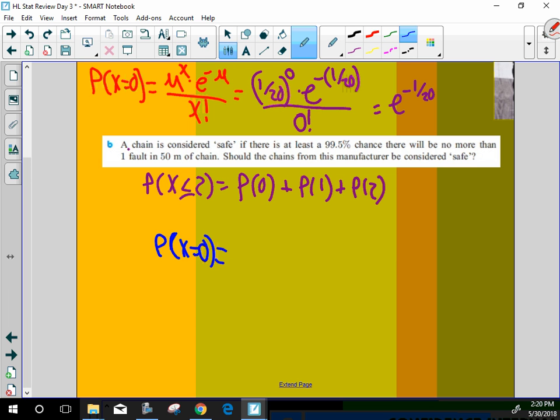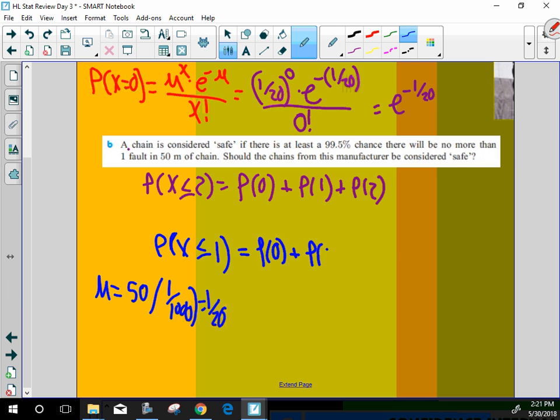So wait a minute here. Mu is going to be that 50 times 1 over 1,000 again, which is 1 over 20. And we're expecting x to be no more than 1, so it should be less than or equal to 1, right? So then you would calculate probability of 0 plus probability of 1. Let's do that right now.